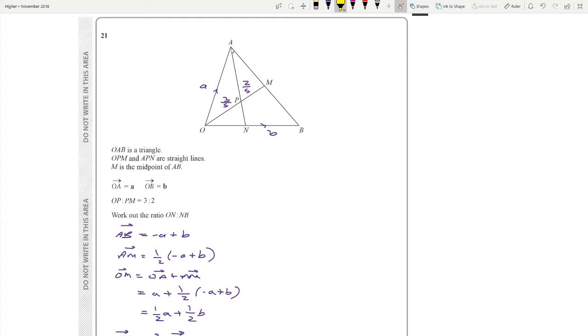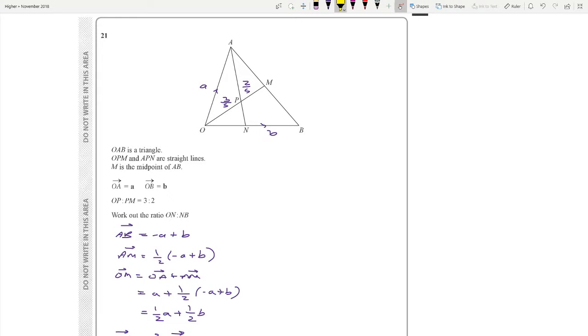Look at the whole line AN. P is a point on the line AN, isn't it? So AP is some kind of fraction of the full line AN. Do you all agree with that? So AN is going to be some multiple of AP.